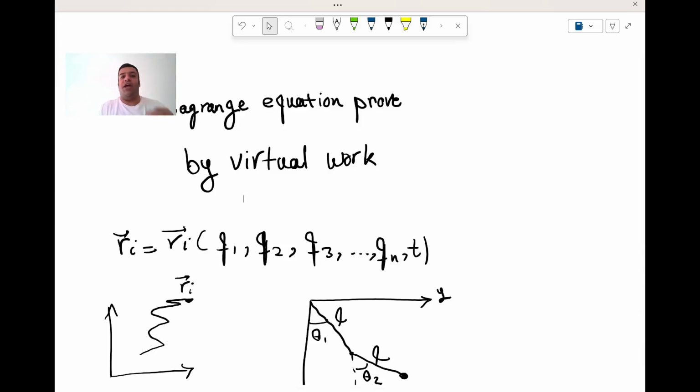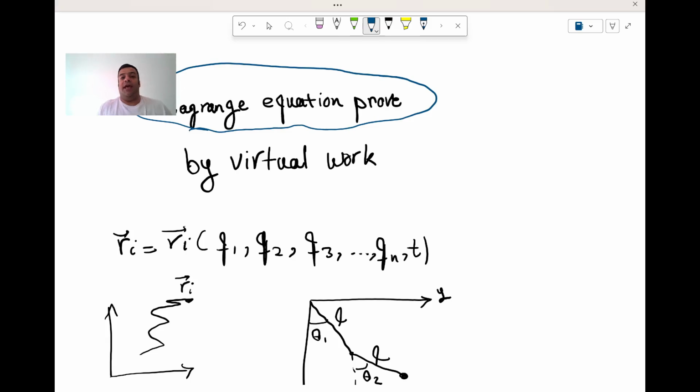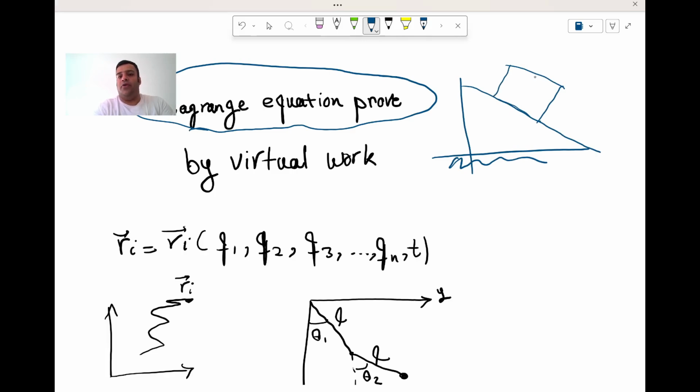In this section I'm going to prove the Lagrange equation, which is so useful in classical mechanics when you consider, for example, something like this, a slope. You don't know what this normal surface is, and you have some constraint on your slope.